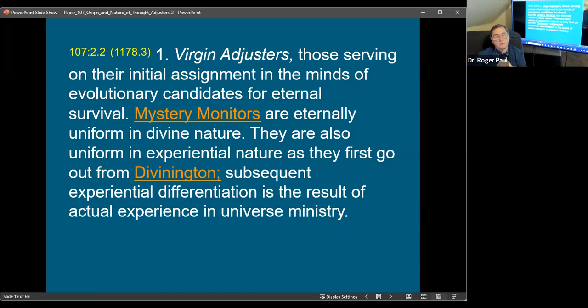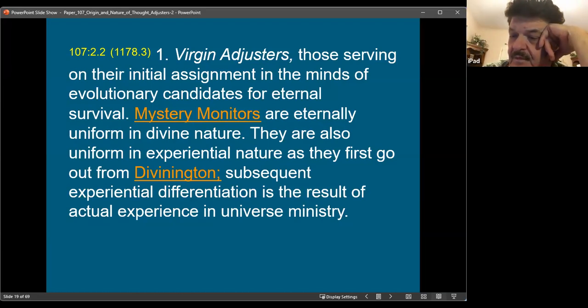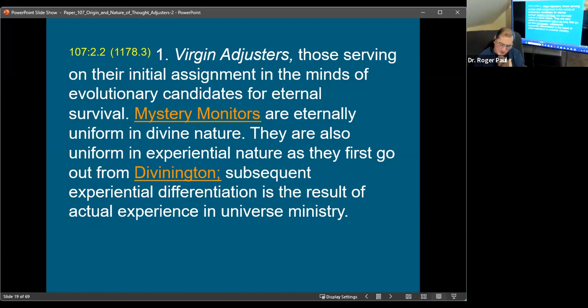In other words, they wouldn't be able to fuse with an adjuster, but they could be assigned an adjuster, and that adjuster can gain experience helping them. And many of these single-brain beings go on to the mansion worlds and become fused with a spirit or a sun fragment. Okay. So that's why this is very, very important.